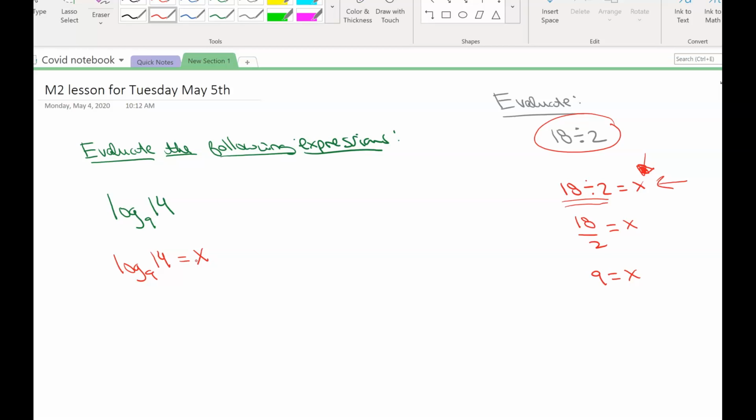There is no integral power of 9 that I'd raise to get 14. Maybe you'll rewrite it this way, as 9 to the x equals 14.